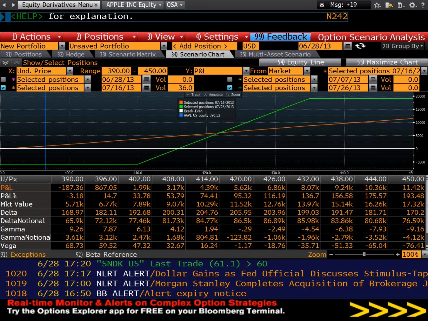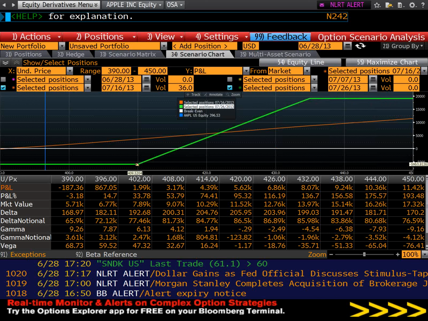That's what it would cost you. Sure enough, at expiration, you can see the green line and the white line. At expiration, you would need the price to be at 416 to make money. That's your break even, where the green line crosses the white line. Above that, you make money all the way to 435, and then you flatten out, because it's as if you had no position.